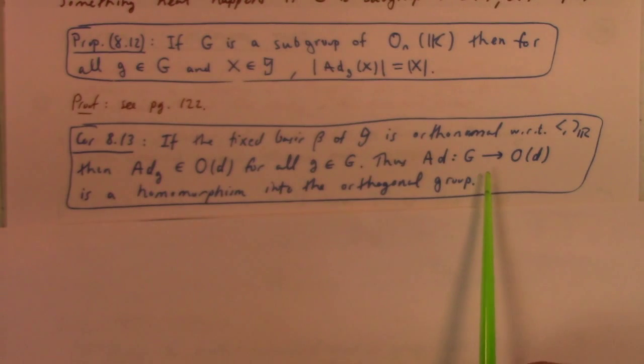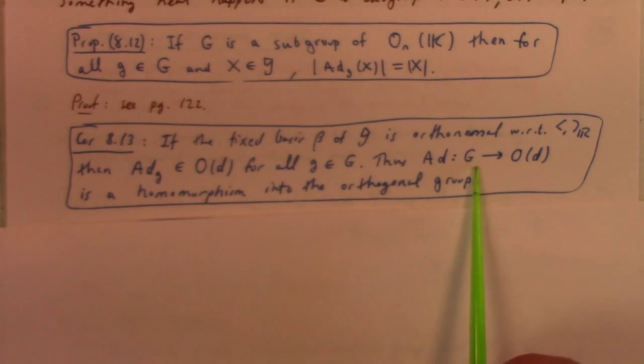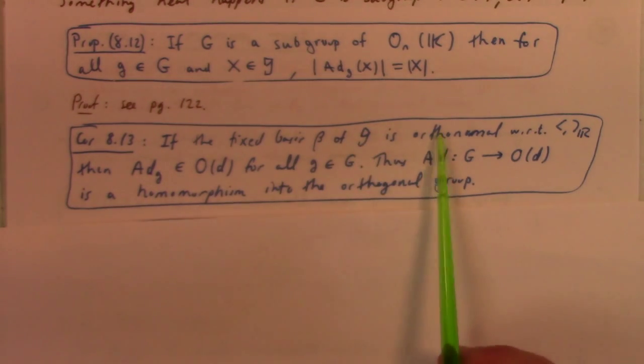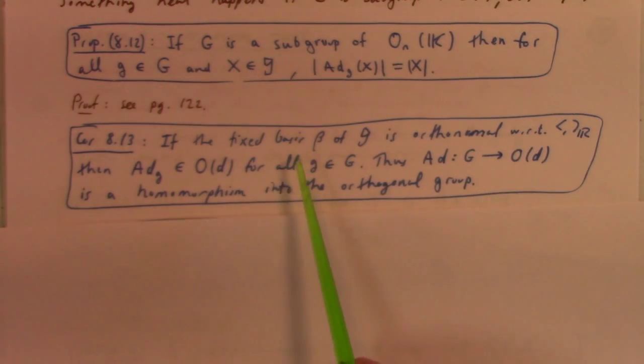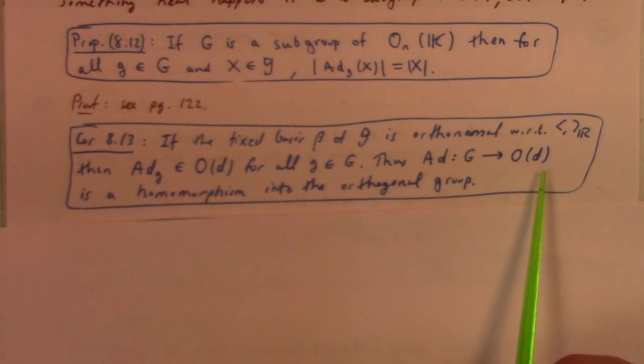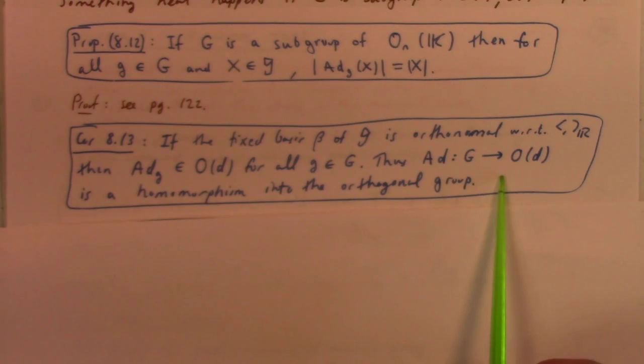Cool. What was G here again? It's a matrix group, right? So if we pick a basis for the Lie algebra which is orthonormal, then we get a representation of the group inside the orthogonal matrices.